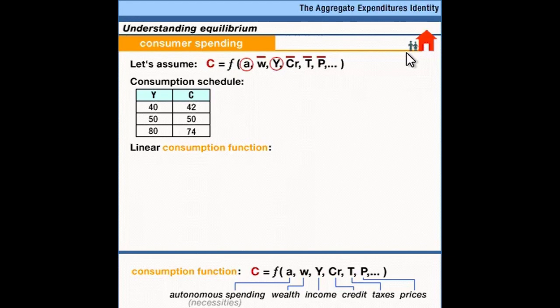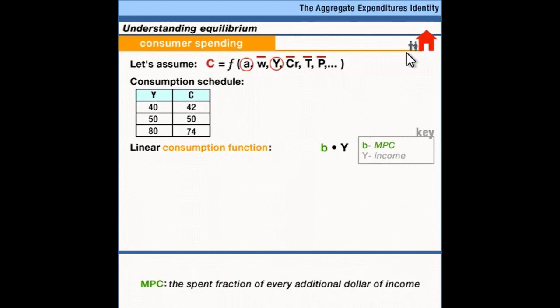What B tells you is the fraction of each additional dollar of income that the consumer spends. For example, if B is 0.5 or 50 cents, the consumer spends 50 cents out of each additional dollar that is added to his or her income. So B is the marginal propensity to consume, and Y is income.